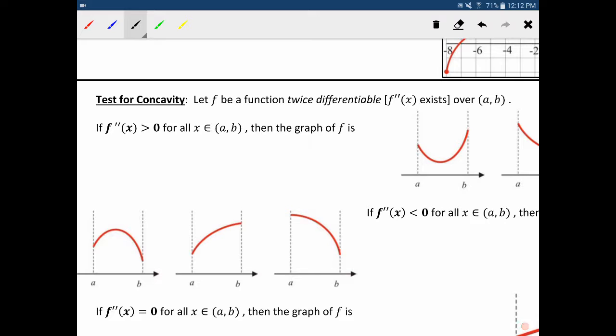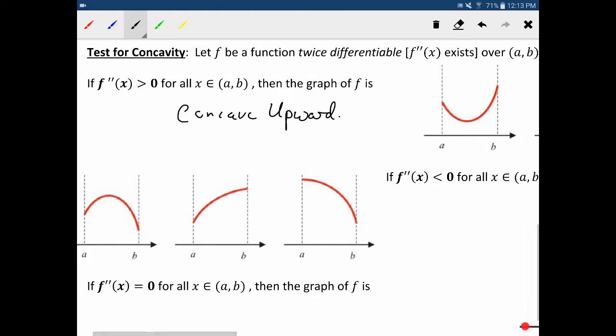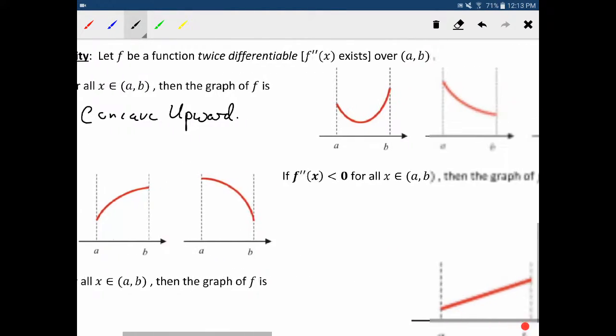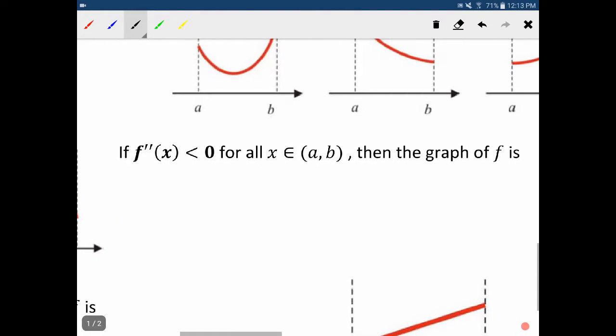If the second derivative is greater than 0, then it's concave upward. Similarly, if it is less than 0, so if you get negative values for your second derivative, then it's concave downward.